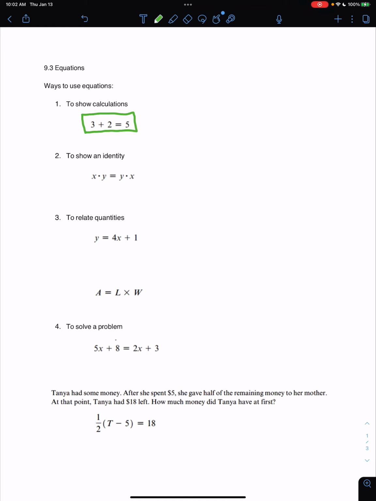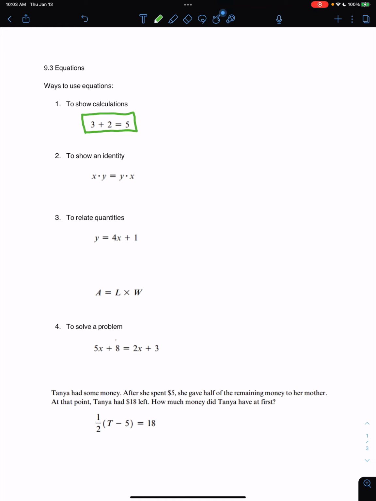And all the equal sign means is that the stuff on the left side over here is the same as the stuff on the right side over here. So when we write an equation, that equal sign just means that we can balance that equation.